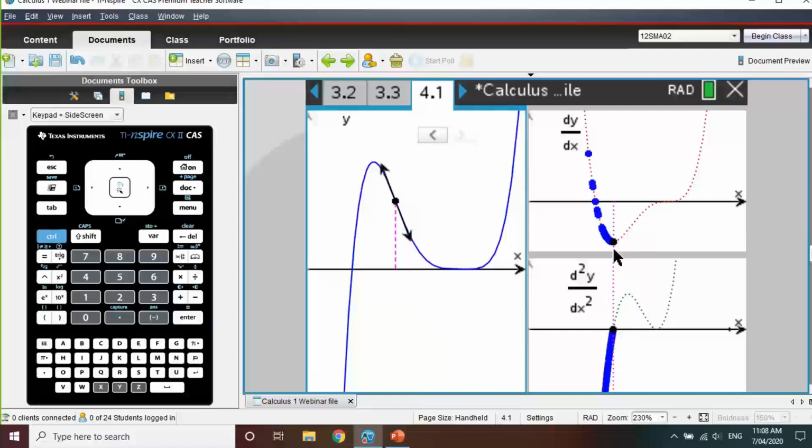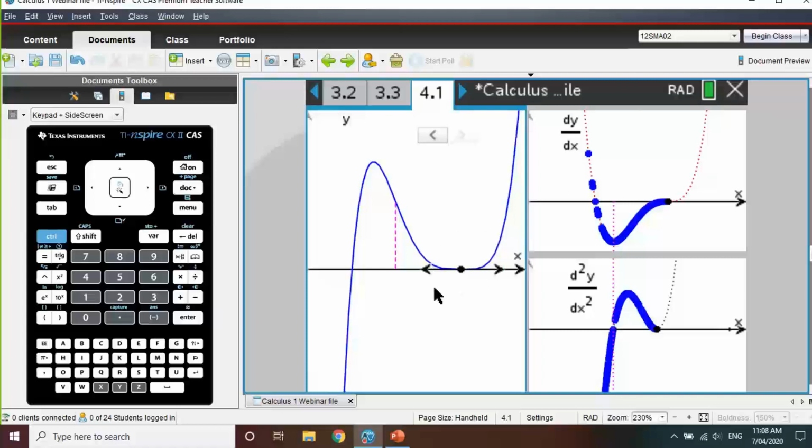We've got a minimum on our gradient function. But what's interesting, as we keep on moving along our curve, is that our second derivative is 0 at another point as well, right there. At this point here, the second derivative is also 0. Our gradient is 0. But on our original graph, our function, we're getting a turning point.